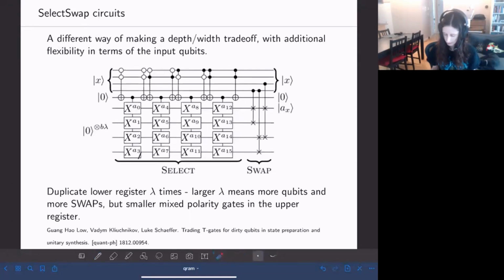Then a bunch of swaps here will take the specific output that you want and swap it into this target register. Now that wasn't a great explanation of that, but essentially you now have a parameter that you can play with to change the space-time trade-off. The more copies of this register you make, the smaller these gates get, but then you get more qubits.